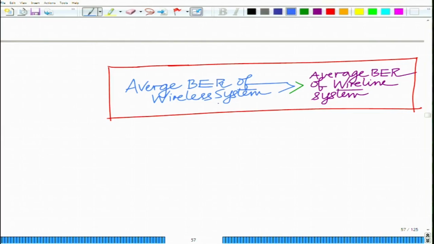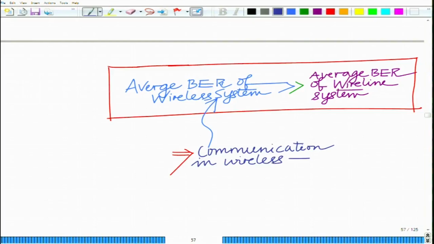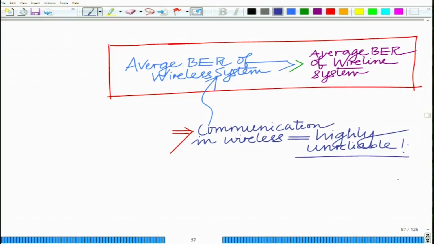So, this communication is highly unreliable, which is basically because the bit error rate is very high.